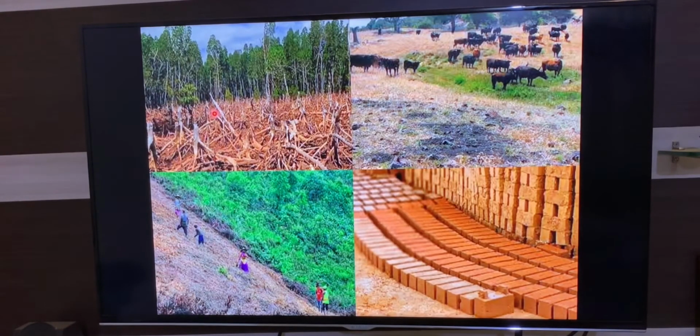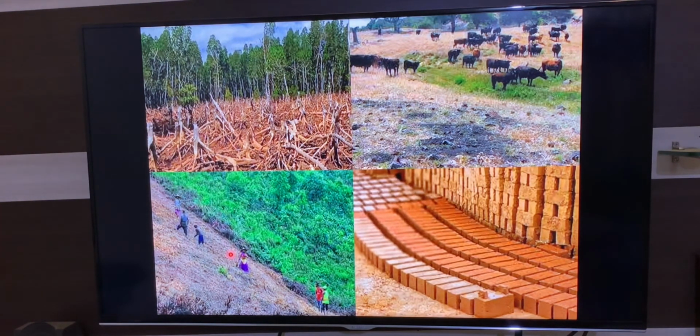First picture is highlighting deforestation. Second one regarding cattle rearing. Overgrazing, which you call overgrazing.